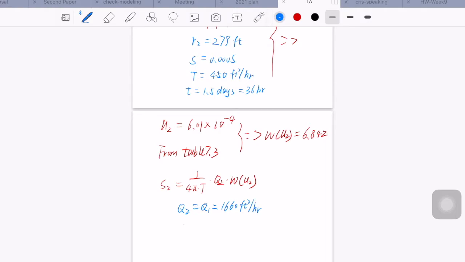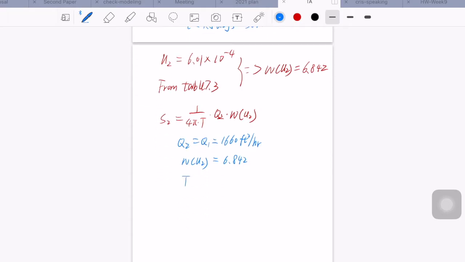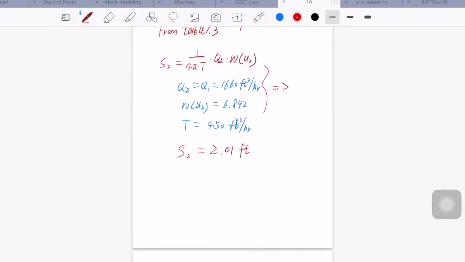And we know W of U2 is 6.842. And we know transmissivity T is 450 square feet per hour. So now we can determine that the S2 should be equal to 2.101 feet.